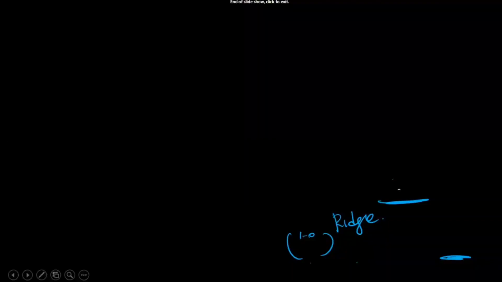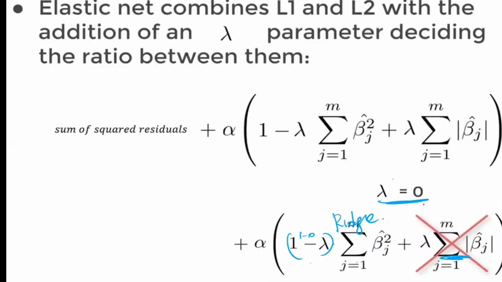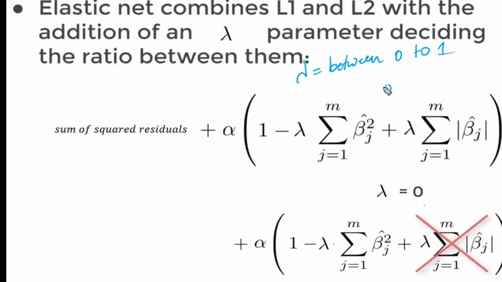When lambda is equal to 1, ridge is 0 and we have the lasso. So the lambda value should be between 0 and 1. If it is exactly 0, it is called ridge regression. If it is exactly 1, it is called lasso regression.